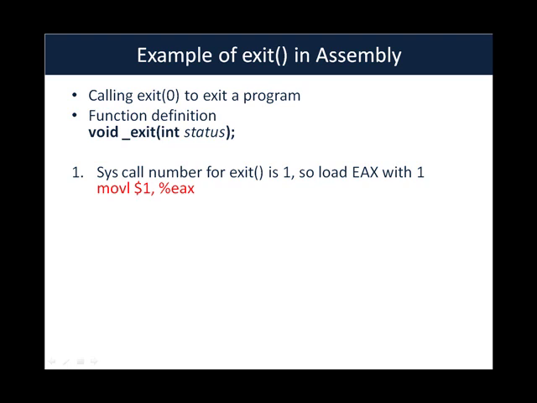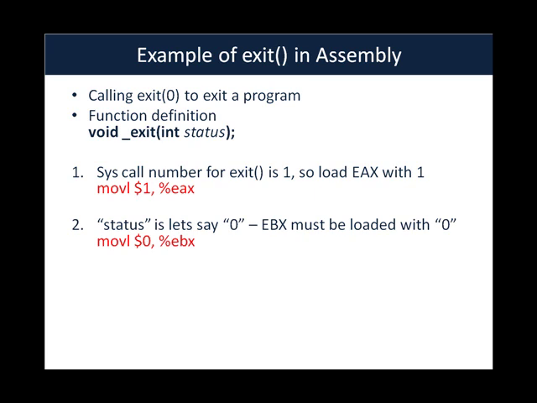Now, do not worry, we will get into the whole assembly language instruction set in later videos. This is just so that we can begin with programming. The move instruction loads the value 1 into the EAX register, which is denoted by %EAX. Once the system call number is loaded, the next task is to fill up the status value.